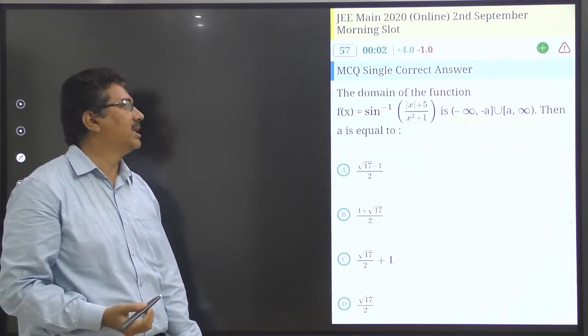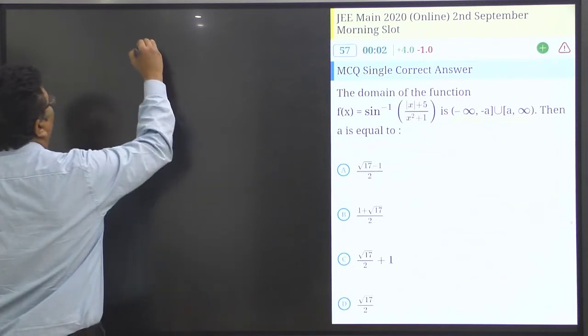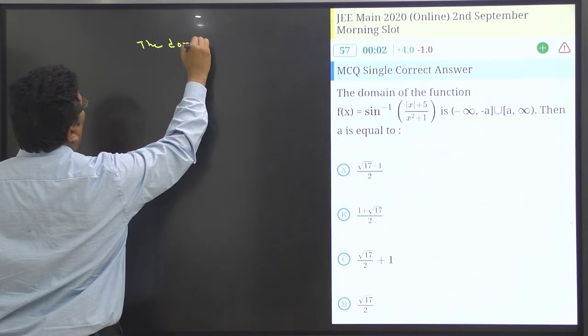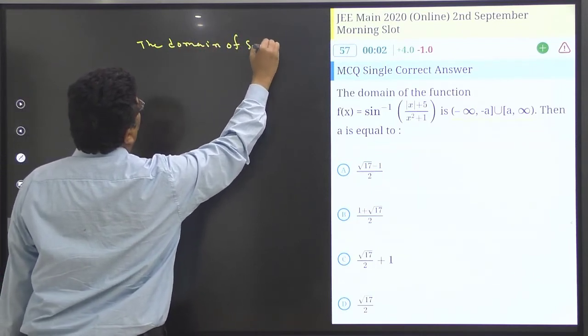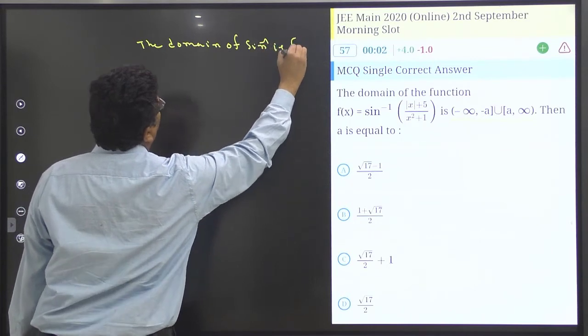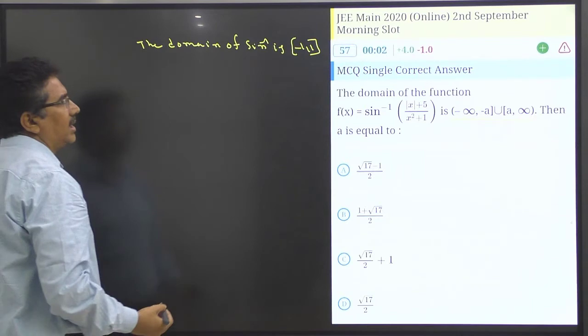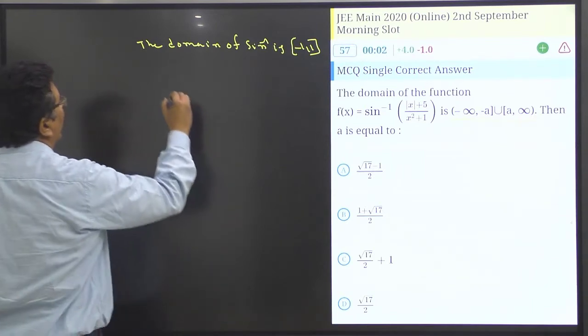What is the domain of sin inverse? The domain of sine inverse is the closed interval minus 1 comma 1.